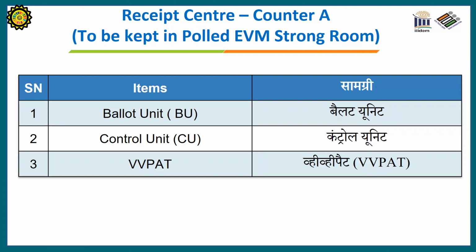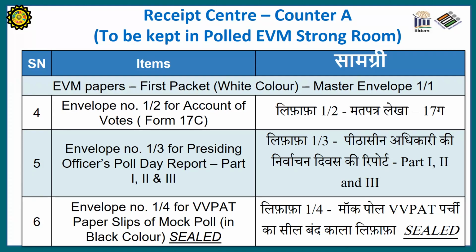The items to be kept in the polled EVM strong room are ballot unit, control unit, VVPAT, EVM papers, that is the first packet, which will be white in color, envelope containing account of votes form 17C, envelope for presiding officer's poll day report parts 1, 2 and 3, and envelope for VVPAT paper slips of mock poll. This envelope will be black in color and sealed.